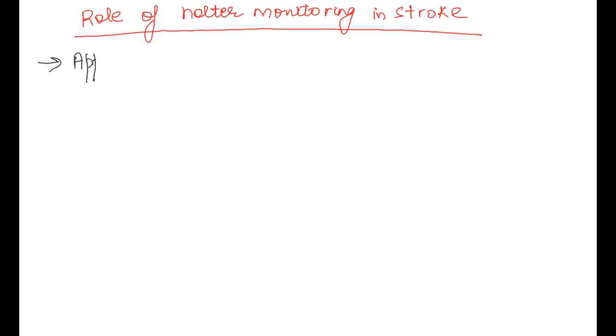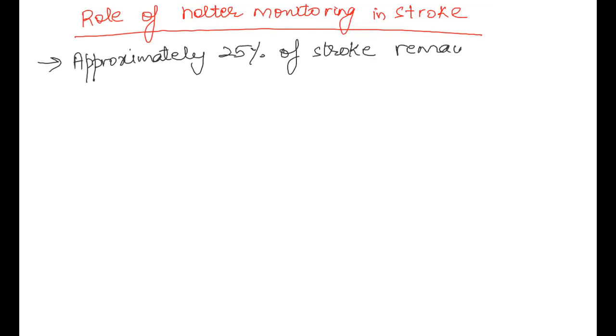So approximately 25% of strokes remain unexplained. We do not know the cause. Sometimes a person is perfectly fine and he suddenly gets a stroke.